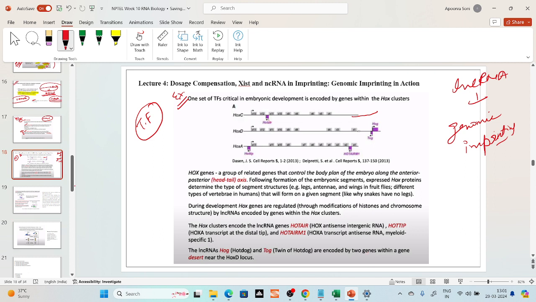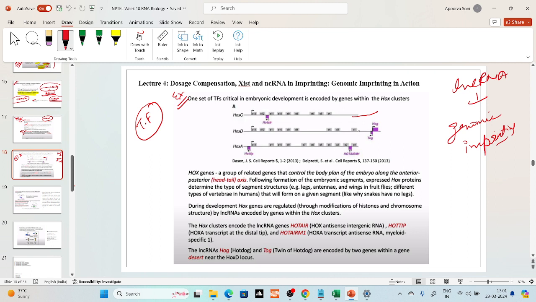See, I'll just explain that at a time, either HoxC should be expressed or HoxD should be expressed. If both are getting expressed, then there would be a problem. The characteristics that you will get would be neither of HoxC nor of HoxD.